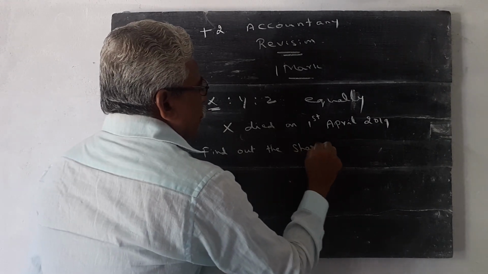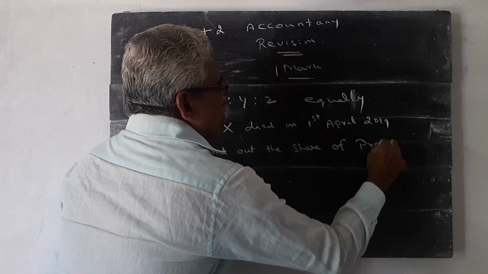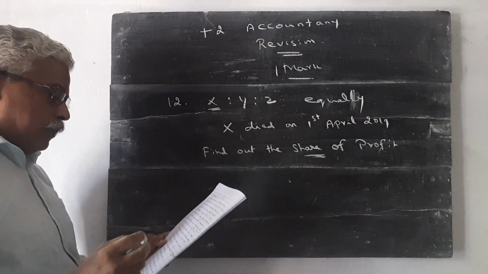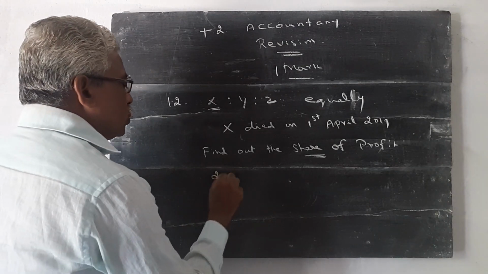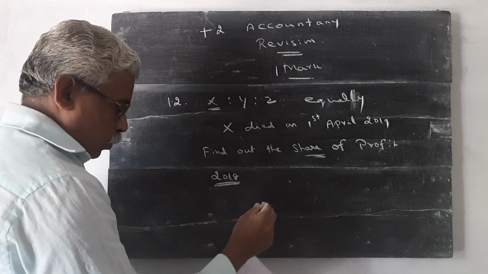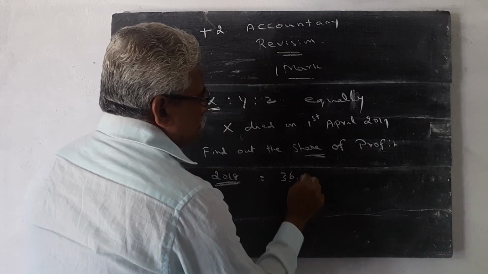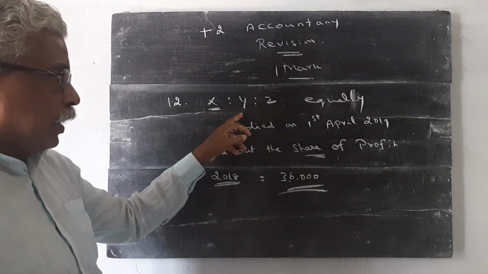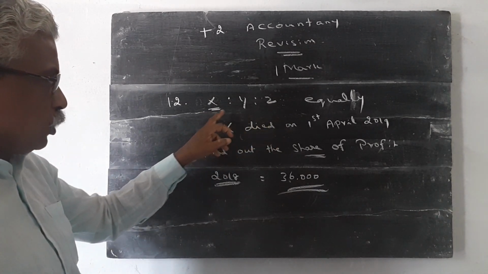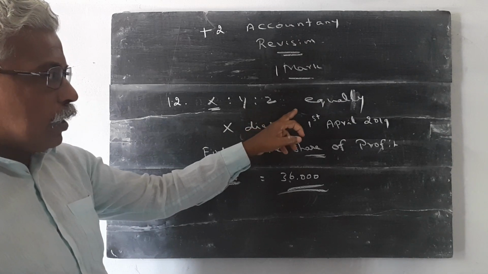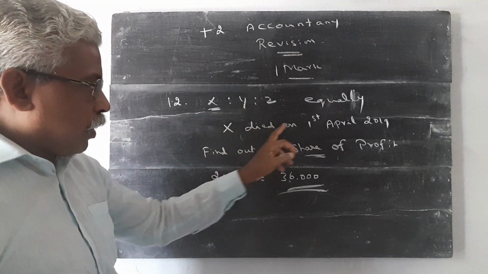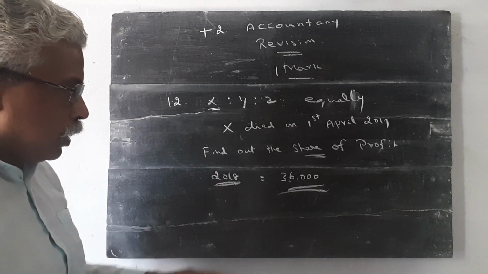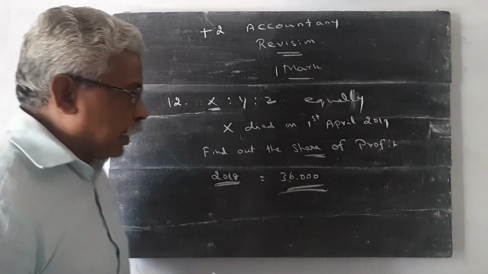Find out the share of profit. The profit for the last year, that means the profit for the year 2018, is rupees 36,000. Find out the share of profit up to the date of 1st April 2019.